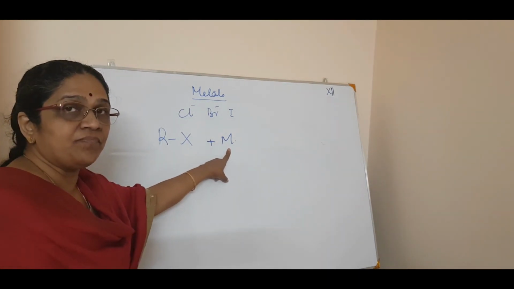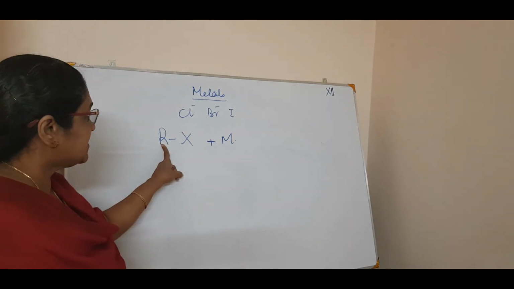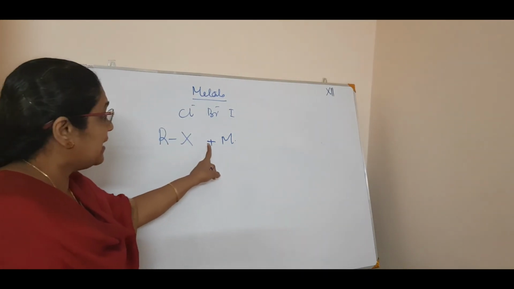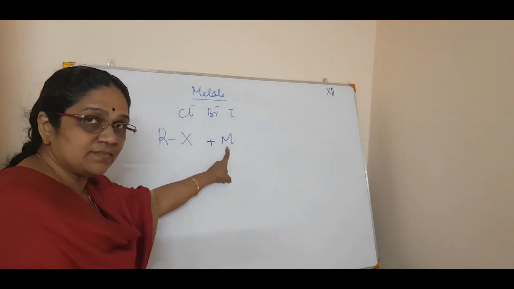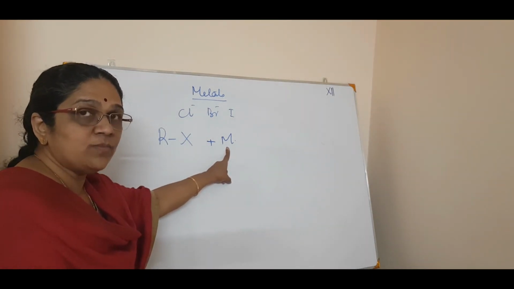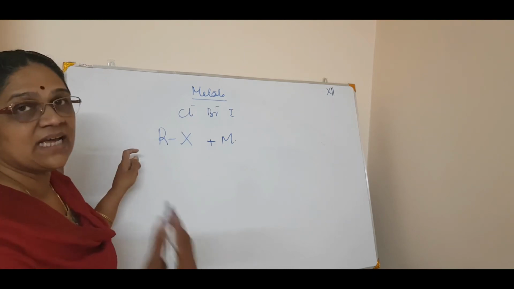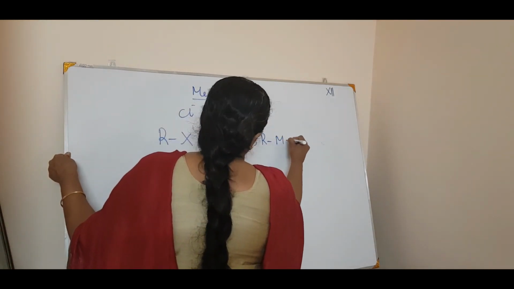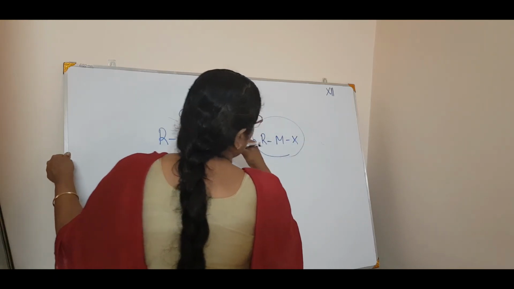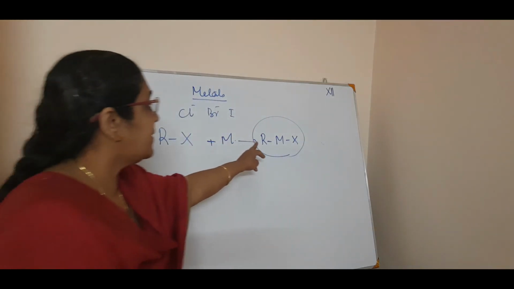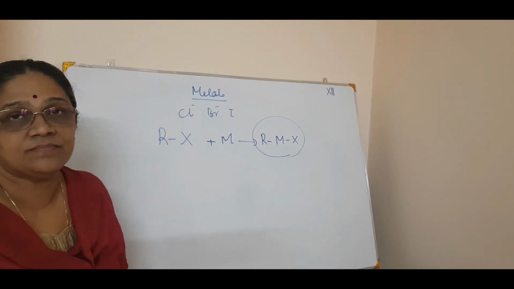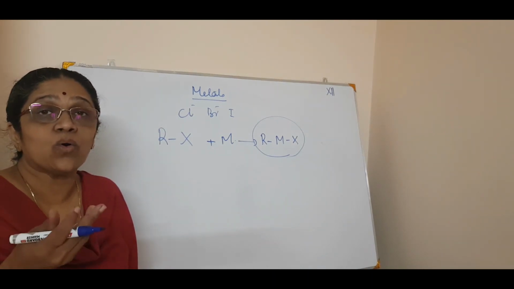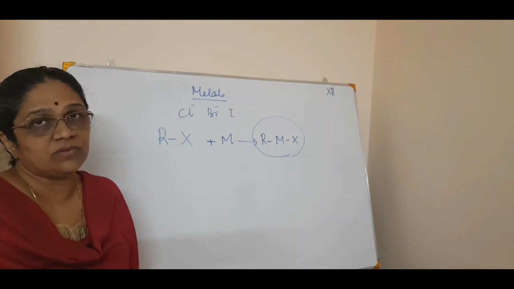That is, when haloalkanes or haloarenes react with metals, they form an organometallic compound, which has a direct bond between the carbon and the metal. Listen, that is called an organometallic compound.